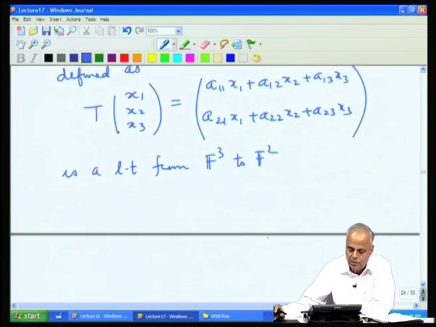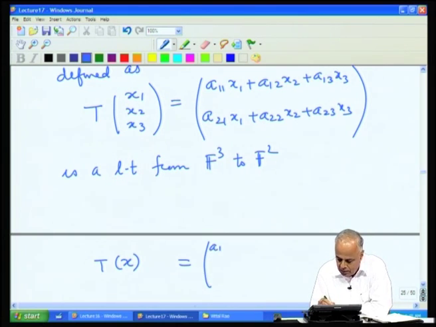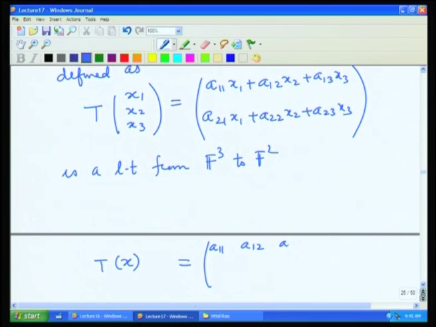Let us observe this linear transformation a little carefully. T of (x1, x2, x3) is Tx, and the right hand side can be written as the matrix with rows a11, a12, a13 and a21, a22, a23 times the vector x1, x2, x3.